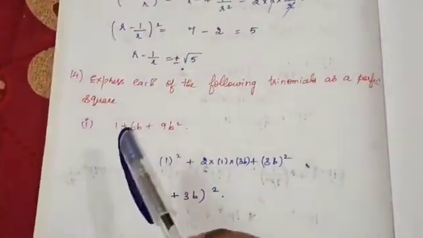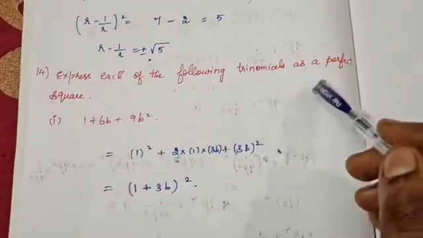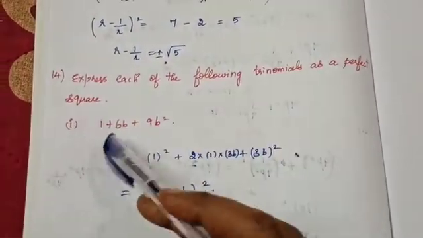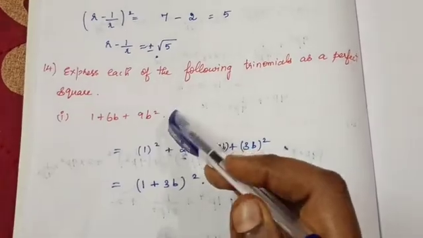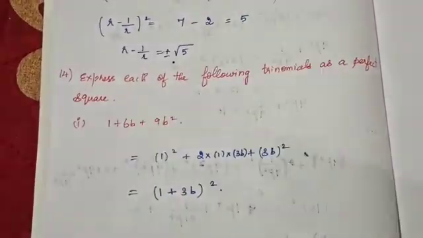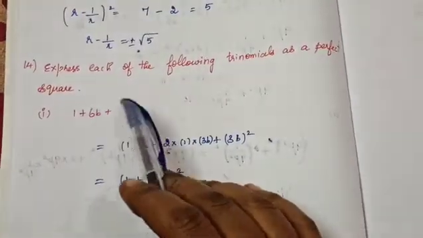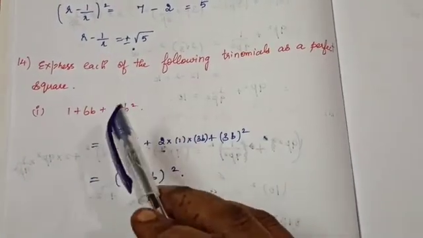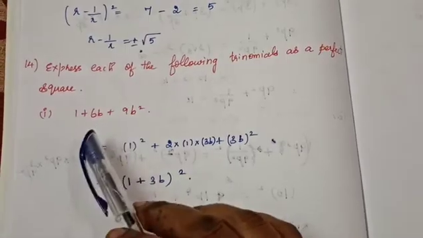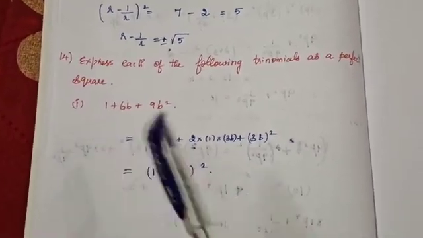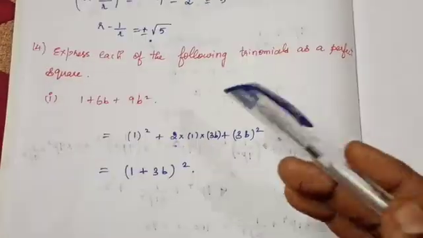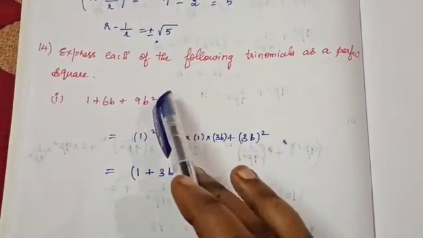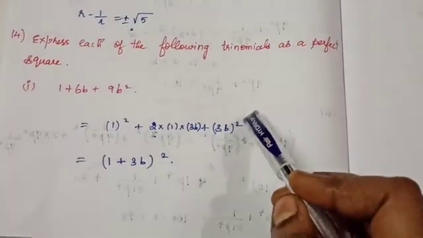The next one, 14th sum: write each of the following trinomials as a perfect square. So 1 plus 6b plus 9b square. You make it a perfect square using the formula. You write the first number and last number first, and the center number will automatically arrange. The first number is 1, written as 1 square, which is also 1. 9b square is nothing but 3b the whole square.